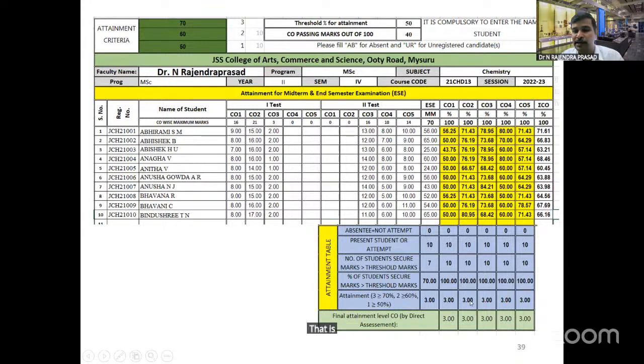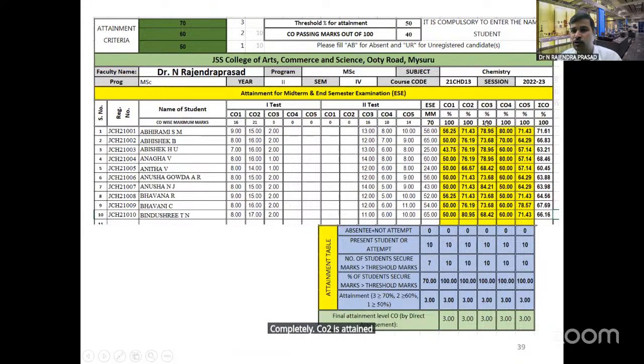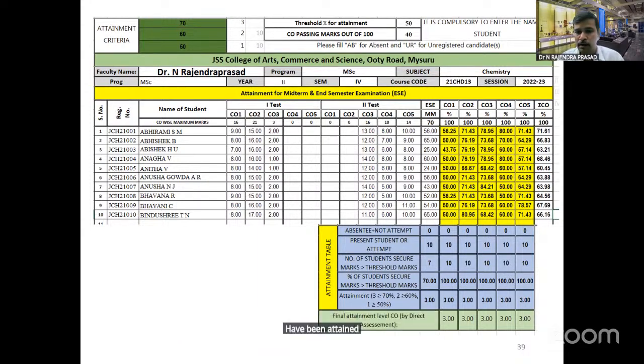That is the attainment of the students on these course outcomes. So CO1 is attained completely. CO2 is attained completely. CO3 is attained completely. Similarly, CO4 and CO5 have been attained completely. So the final attainment of CO from the direct assessment is 3.